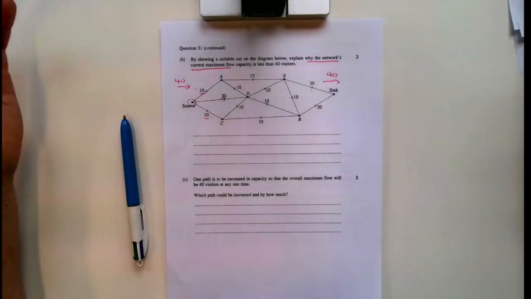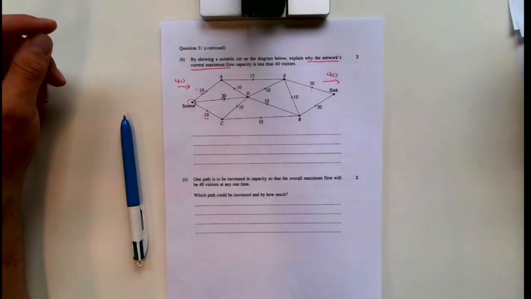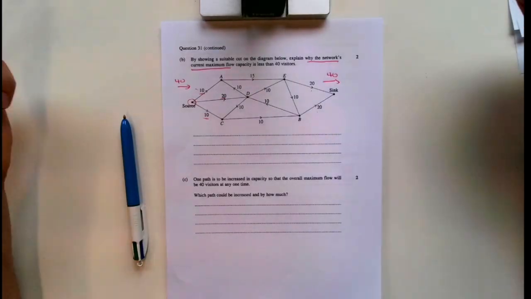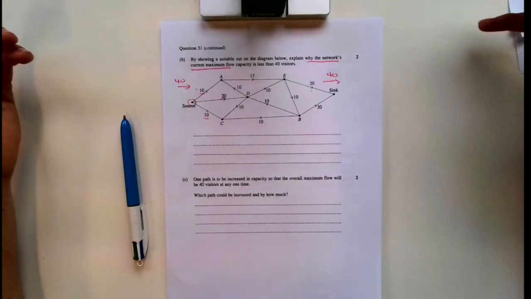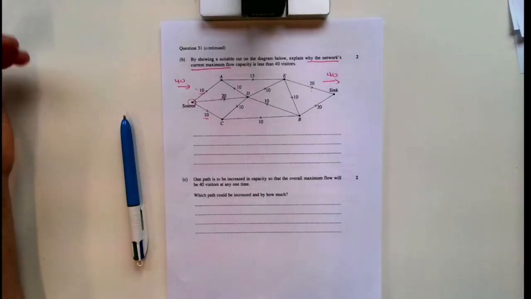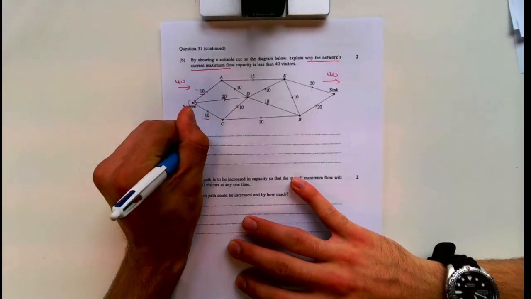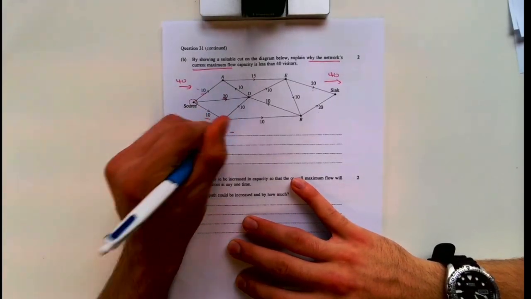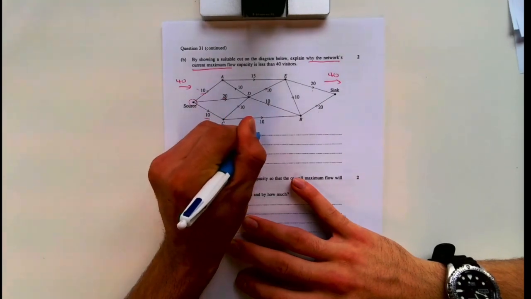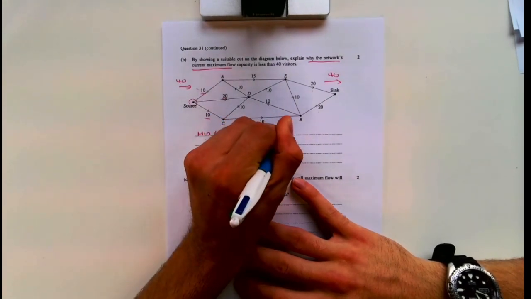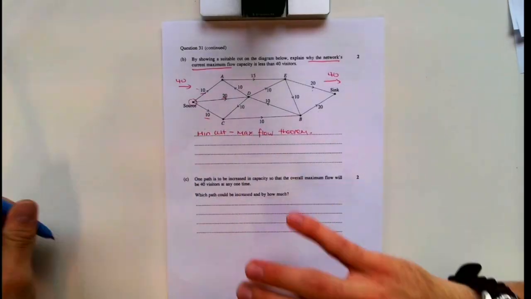However, what we'll find out is that this is not what happens in reality. 40 goes in, but less than 40 comes out. The way that we can check this is by finding the minimum cut. There's this thing called the minimum cut max flow theorem, and it's pretty self-explanatory from the name.